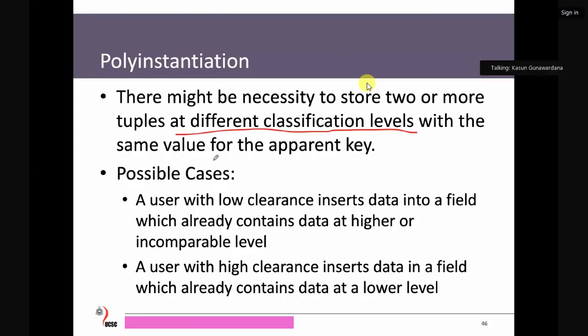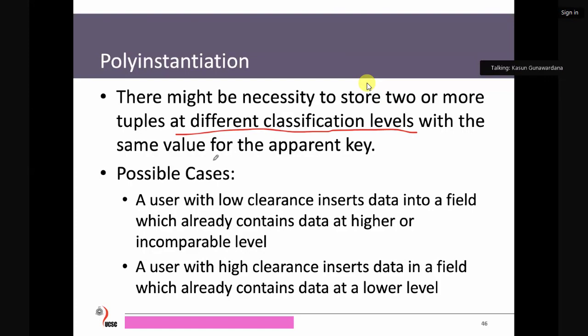The row with index 2000 might be top secret, and there might be another row with index number 2000 at confidential level.